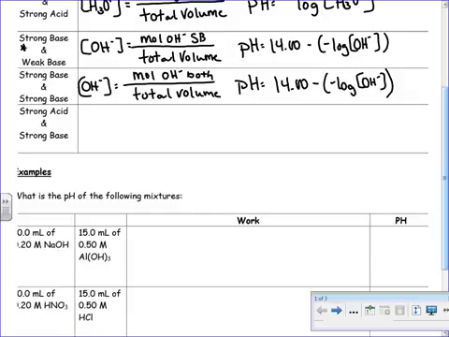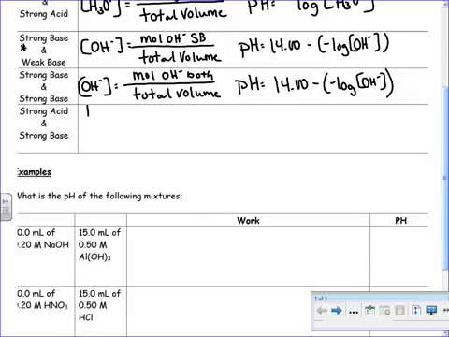We might have extra strong acid or extra strong base. So in this problem, we're going to have to react the acid and the base, and then we're going to have to determine the limiting reagent. Welcome back, my friend, the limiting reagent. And then whatever is left over after reaction will determine the pH of the solution.